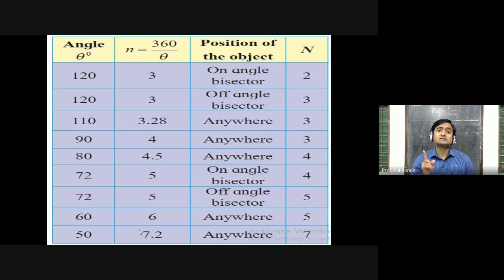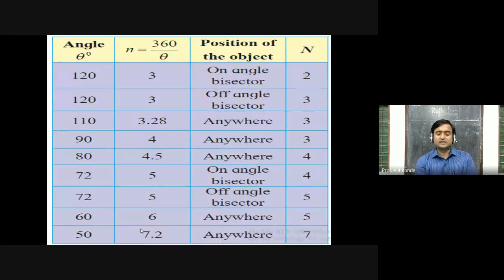But if the answer is odd, then what we have to see? We have to see whether the object is on the angle bisector or off the angle bisector. And if it is on the angle bisector, we will subtract 1. Okay, correct.